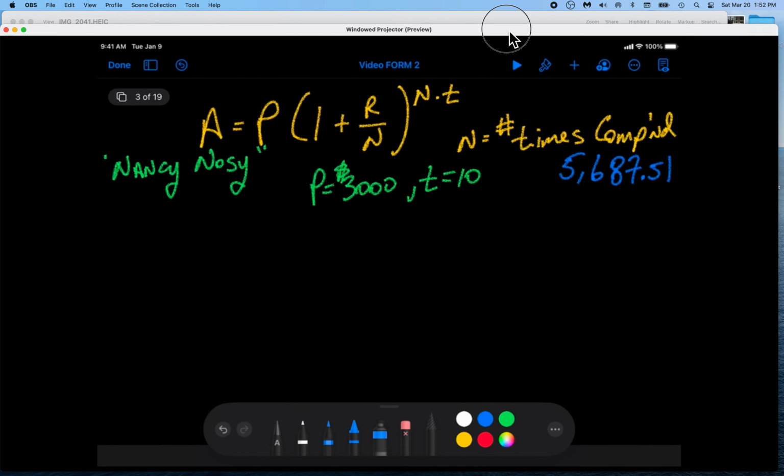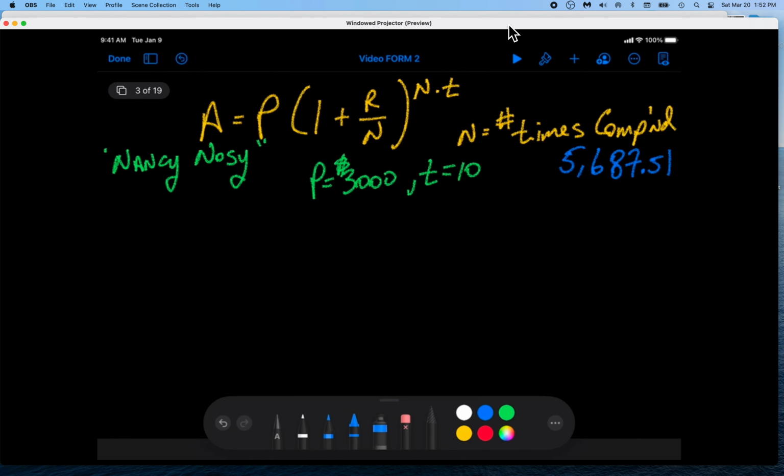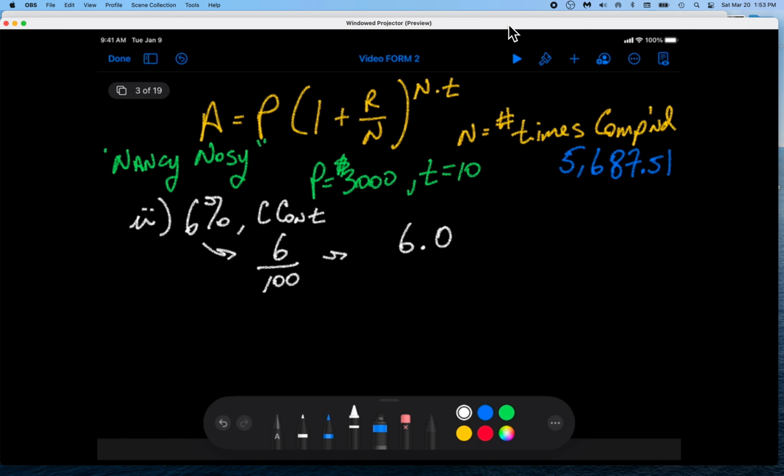Okay, so for part 2, 6%, compounded continuously. 6%, 6 divided by 100. There's the decimal point in its normal position. We're dividing by 100, so therefore we know we're going to get smaller. How much smaller? 2 decimal places. That's going to be your R.